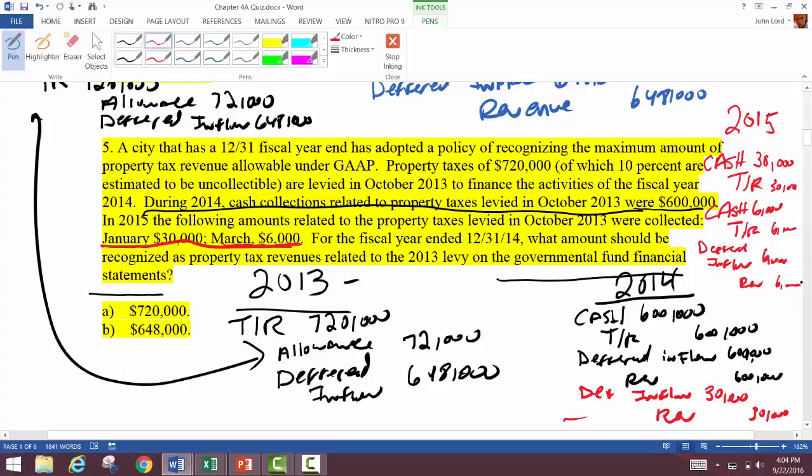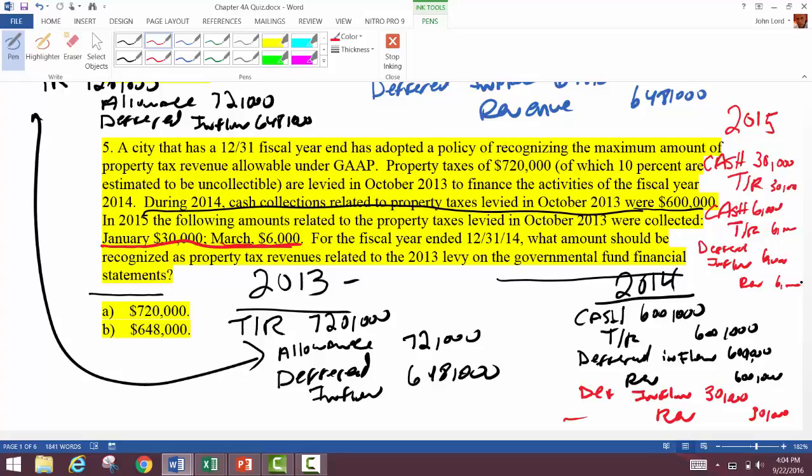That's what year's revenue? 2015 revenue, because it got outside of the 60 days, and I'm assuming 60 days here. So that's revenue of 2015, not 2014.